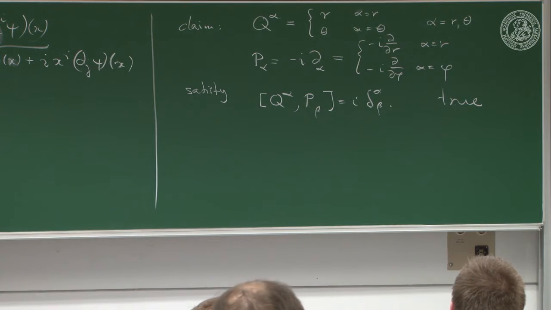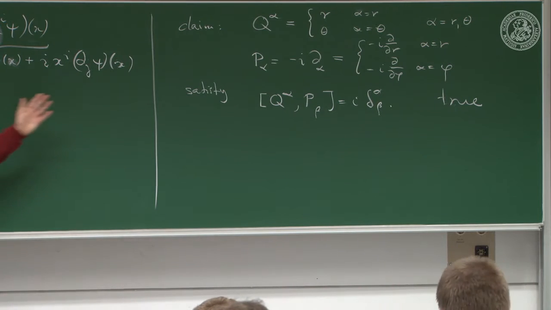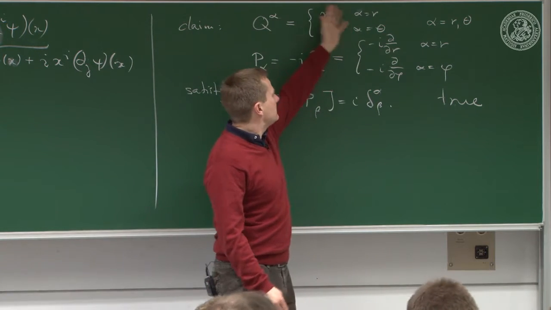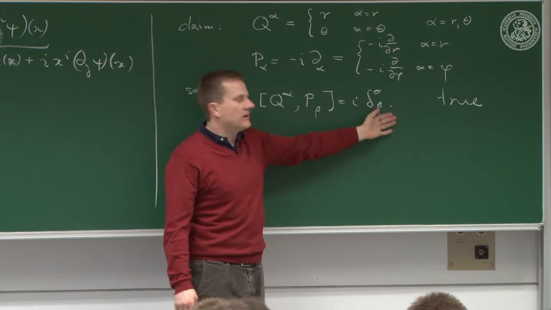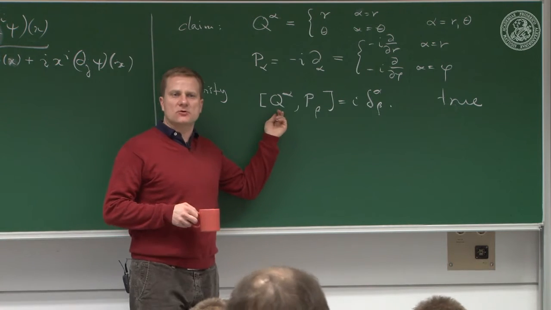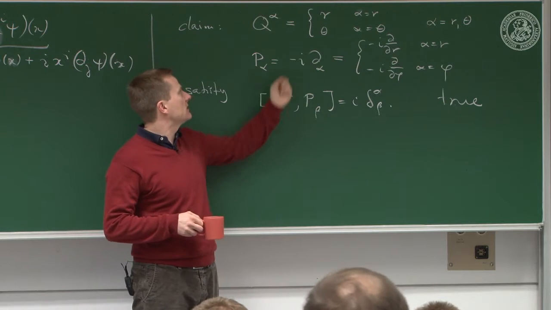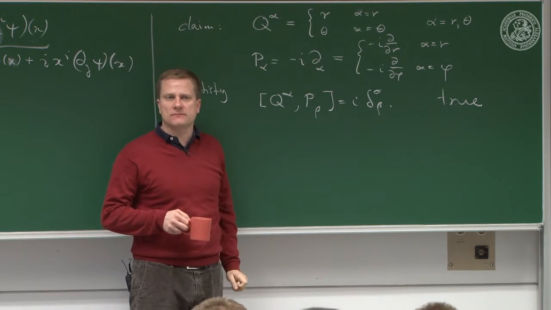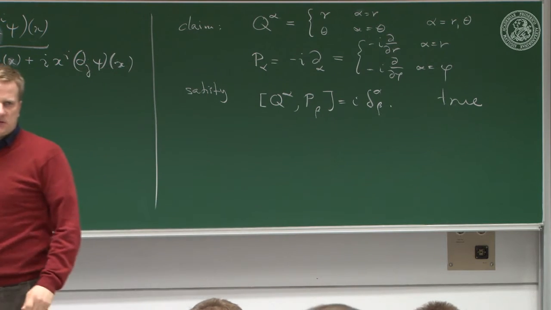If I derive it with respect to another one, I get 0. And these partials acting on these coordinates absolutely satisfy this. So there is no problem in going to polar coordinates as far as the commutation relations are concerned if I choose this representation. And we want to choose this representation.